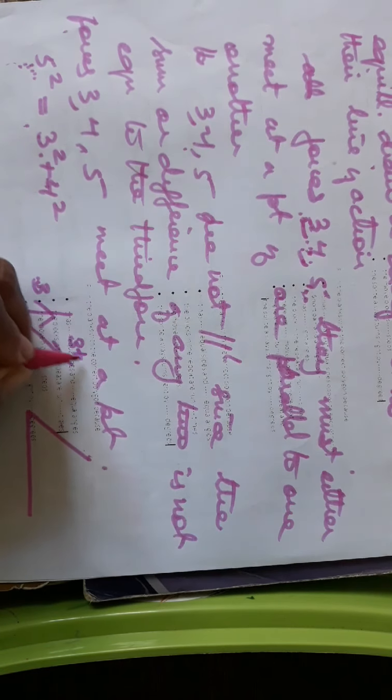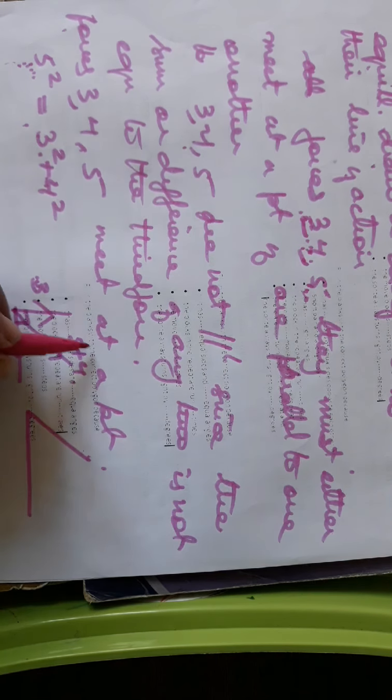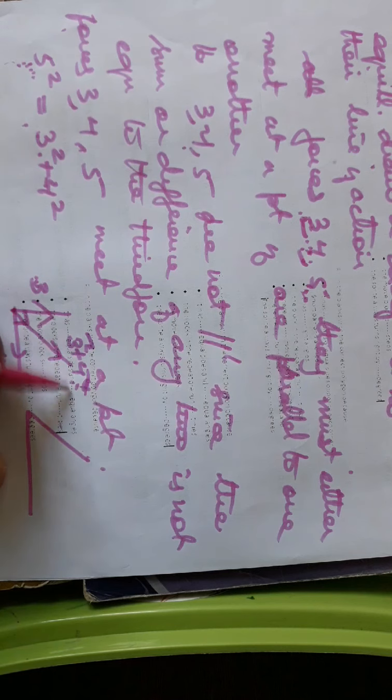So the resultant of these two, which is acting along this direction, that is the square root of 3 squared plus 4 squared, must balance the third force.